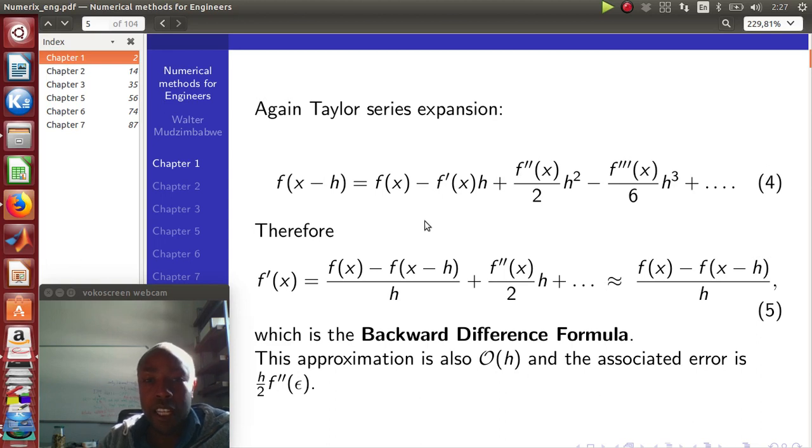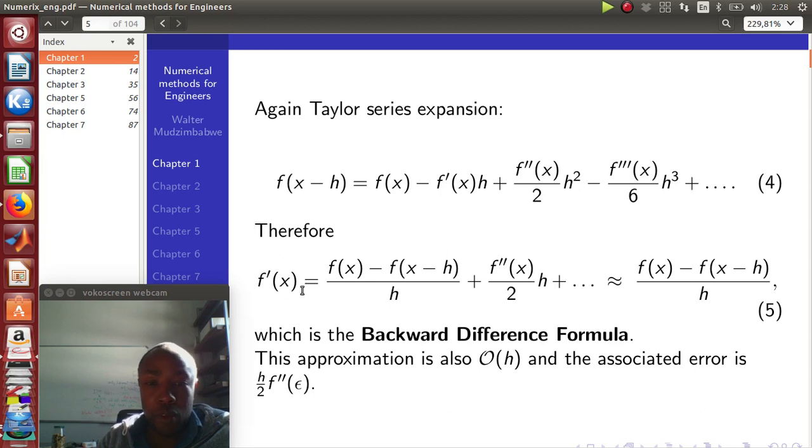Now again, if you rearrange and find this term in terms of all the other terms, then you get this. Again, if you discard or chop away this term, then you remain with this term. Because you have chopped this, it is no longer equal, but it is now an approximation. This approximation is different from what we have seen before. This one is called the backward difference formula for approximating f prime.